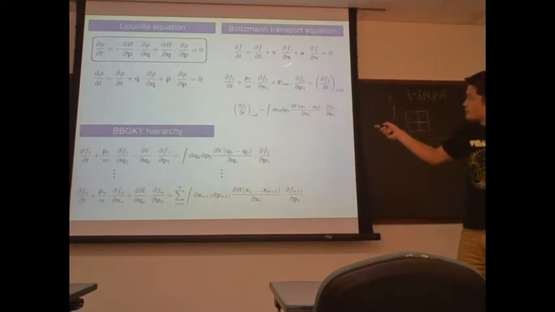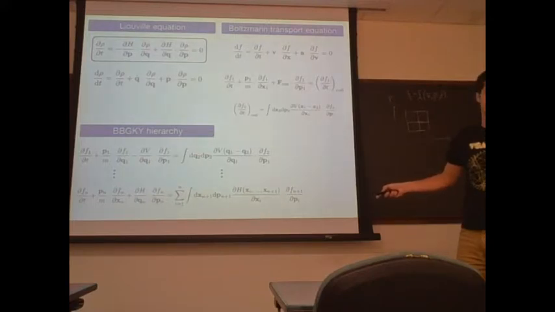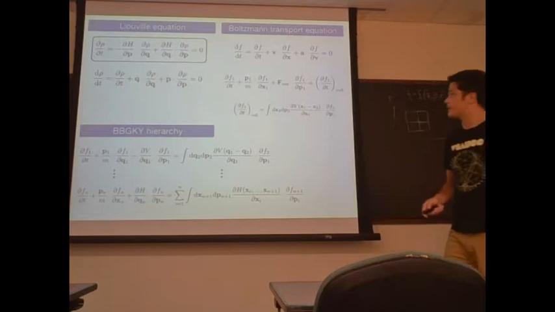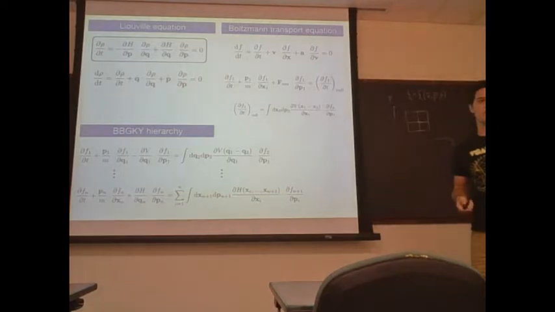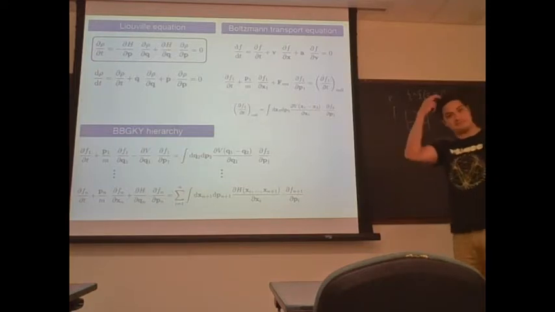So the Boltzmann equation can be viewed as a truncation of this entire hierarchy, where you've neglected the higher order correlations or higher order interactions. Is that okay? All right, so BBGKY stands for Bogoliubov, Born, Green, Kirkwood, and Yvon, something like that.